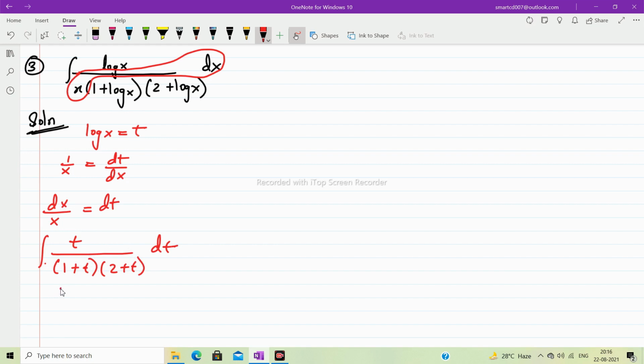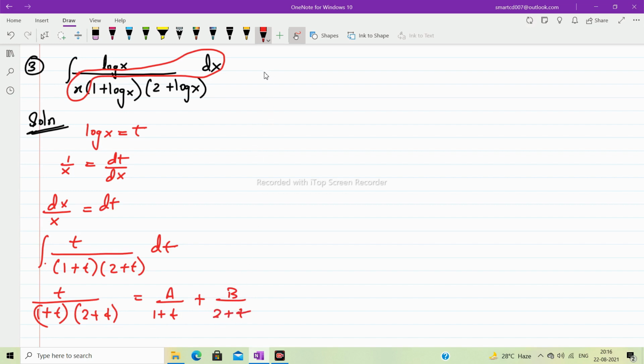So what I can do is write t upon 1 plus t into 2 plus t is equal to a upon 1 plus t plus b upon 2 plus t.